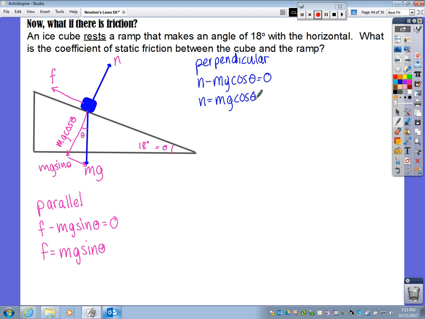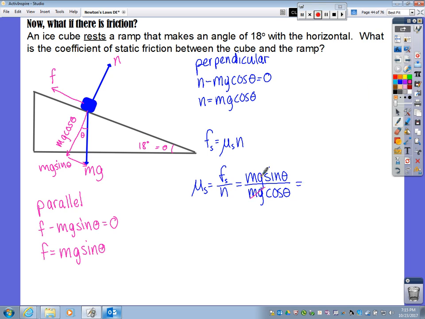Now I'm trying to find the coefficient of friction, and the static friction is mu static times the normal force. So mu static is going to be the friction force over the normal force. The friction force equals mg sine theta. The normal force from up here equals mg cosine theta. And you'll notice this simplifies quite a lot.